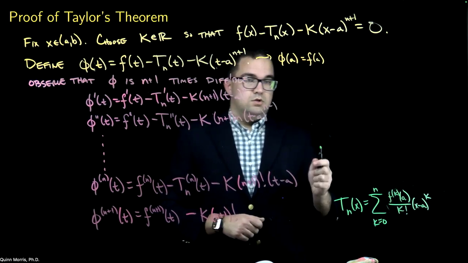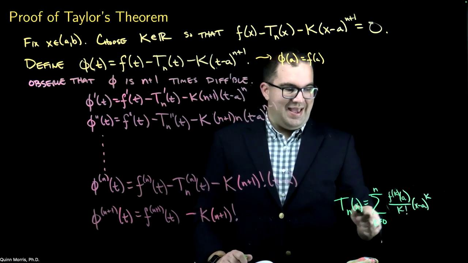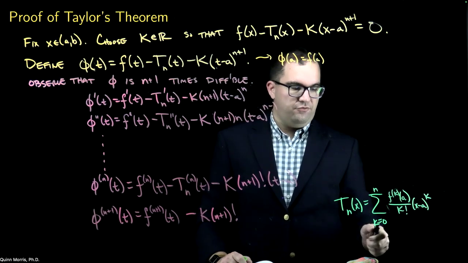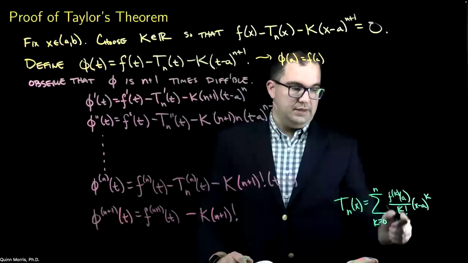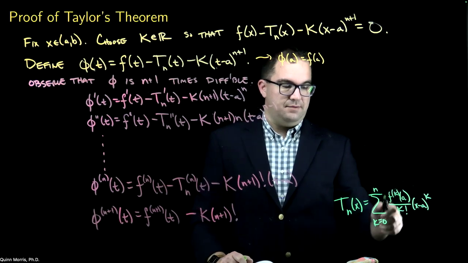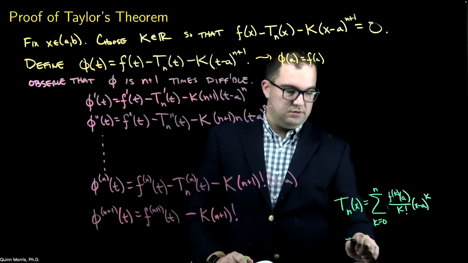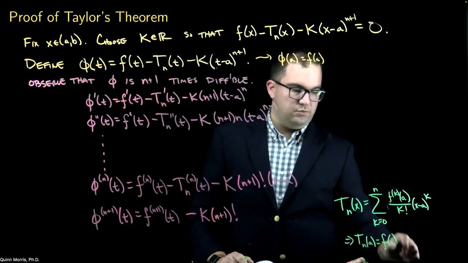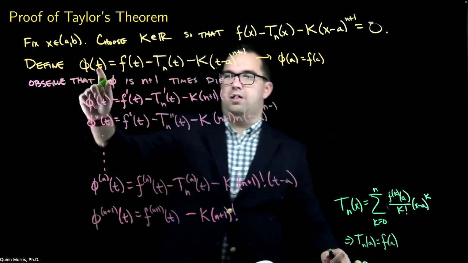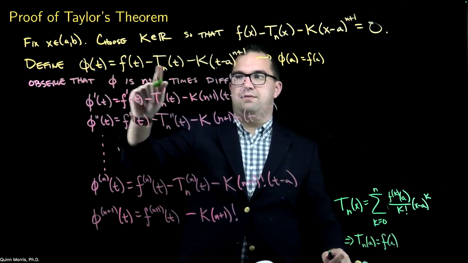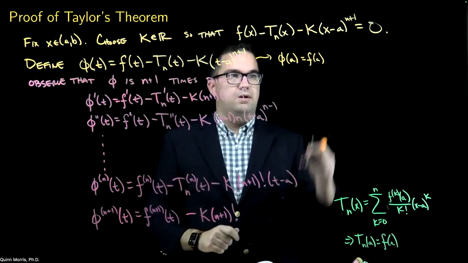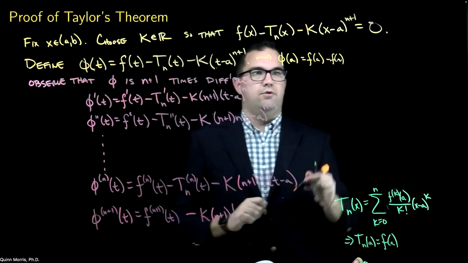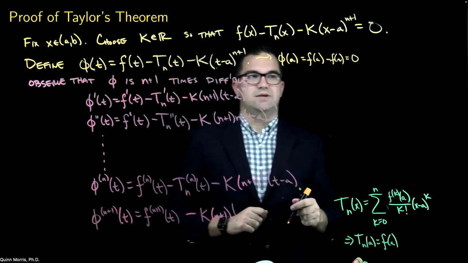All right. So if I plug in a for x, your first instinct is to say, oh, well, then everything will be 0. But be careful, because when k is 0, we just get the constant term f of a. So because of this, t sub n of a is actually just equal to f of a. So up here, when we plug in a for t, we get f of a minus t sub n of a. But in fact, that's just f of a. And then when we plug a in here, of course, we just get 0. So that's equal to 0.